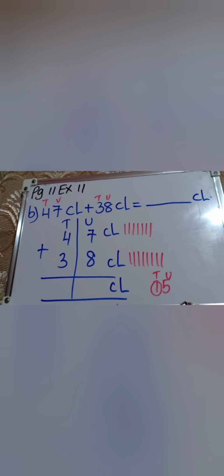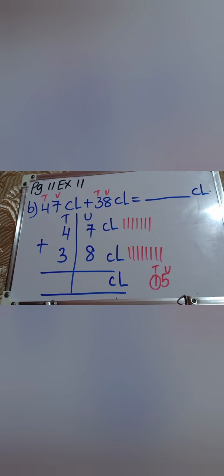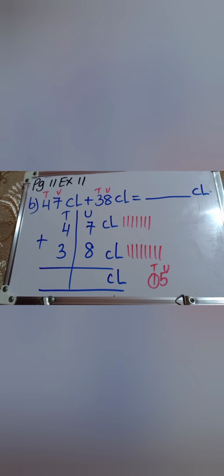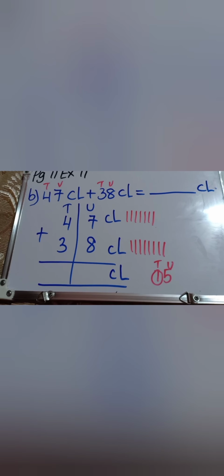So the same step, you draw the columns, write tenths and units. 47 is 7 units and 4 tenths, and 38 is 8 units and 3 tenths. So we have to start to work out with the units column.